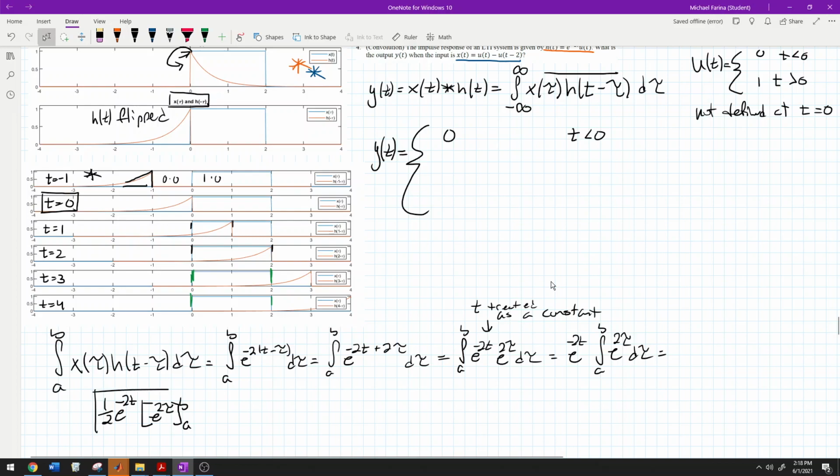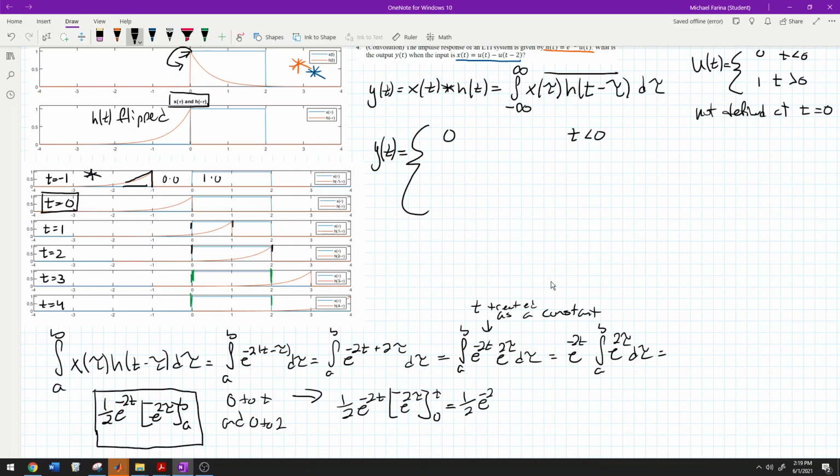And we said, well, the two things we need to integrate over, the two bounds, we need to do from 0 to t and 0 to 2. So for 0 to t, we get 1 over 2 e to the negative 2t times e to the 2 tau from 0 to t, and that's going to be equal to 1 over 2 e to the negative 2t times e to the 2t minus 1.